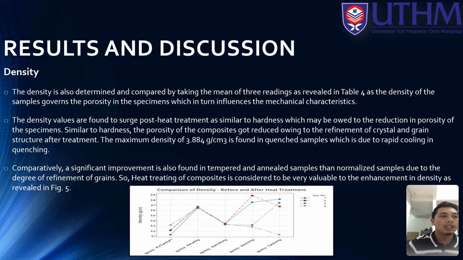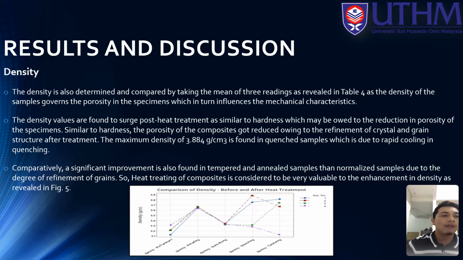Density. The density is also determined to compare by taking the mean of 3 readings as revealed in Table 4, as the density of the samples governs the porosity in the specimen, which in turn influences the mechanical characteristics.